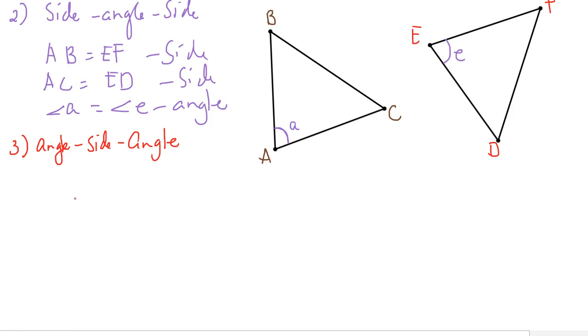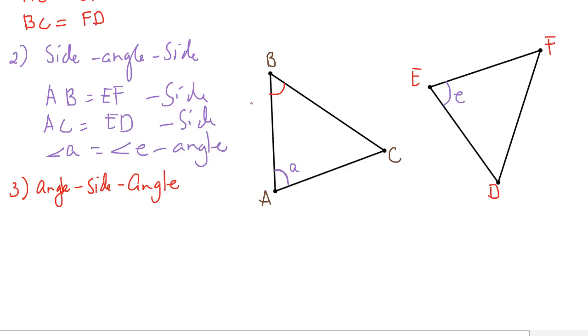And the third is angle side angle. So for example, I have this angle B, and then we have angle F there, so that angle B is equal to angle F, and then the side AB is equal to side EF, and then angle A is equal to angle E. This one is equal to that one, and this one is equal to that one.